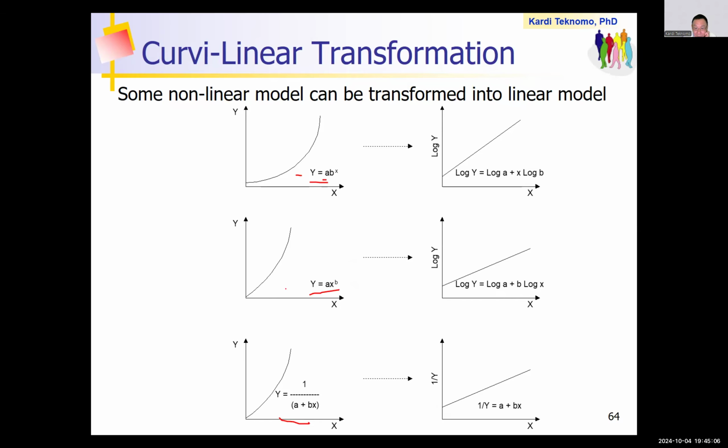In here you can take the logarithm again, and then you will get a linear model. In here you can just take 1 over, then you can get a linear model. So to do that, let's review certain basics.